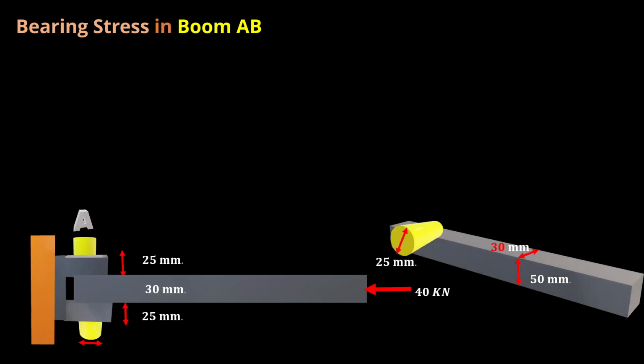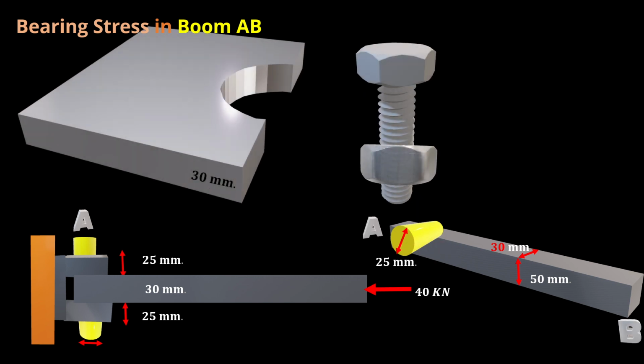That was the bearing in boom AB along the length. But at the connection, you need to consider the pin. If you remember, for bearing stresses, when we have a bolt and a plate, we use the diameter of the bolt which goes into the plate, and the thickness of the plate. We do the same for our case, close to the edge. So our diameter is 25.